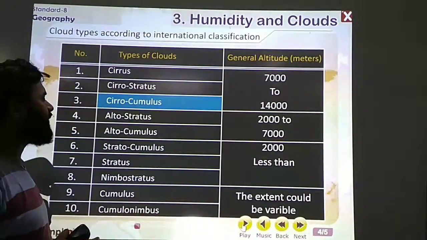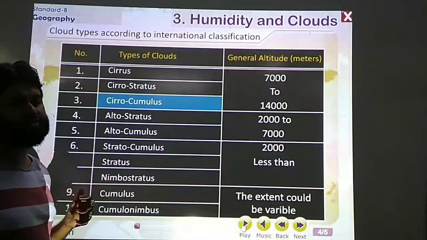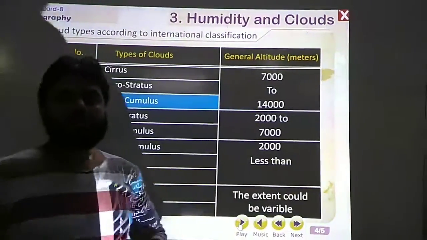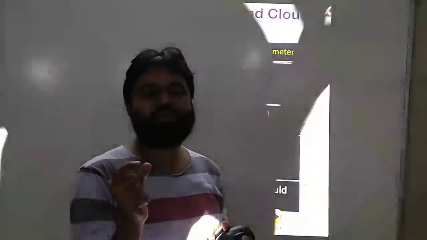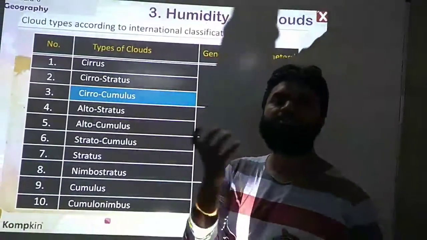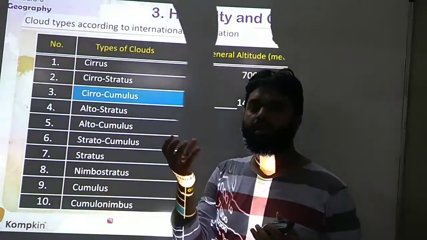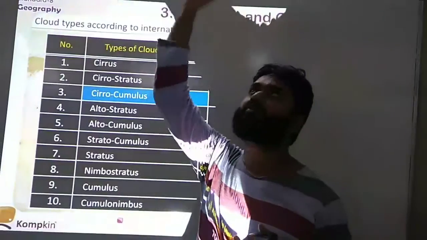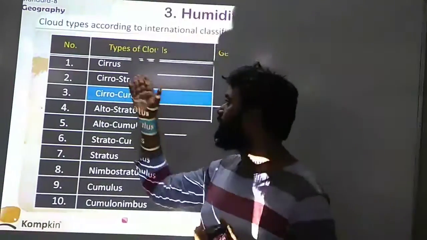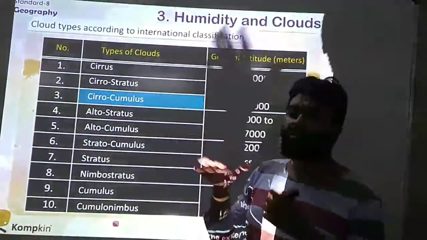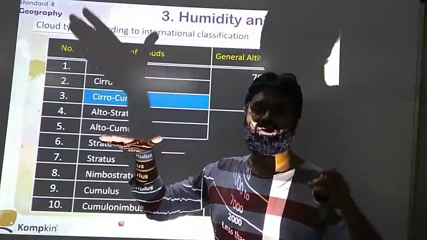Cirrus, cirrostratus, and cirrocumulus. What does the cirrus look like? Cirrus itself means hairy or feather-like, a small feather-like cloud in the upper part of the sky. Stratus means a bed sheet, the flat one.